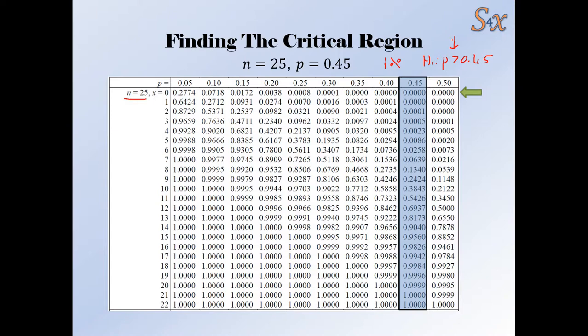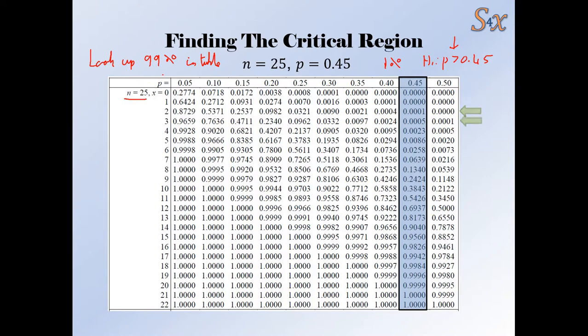What we're going to do is look for the first value that is larger than 1 minus the significance level. So actually, we're going to look up 99%, or 1 minus 1%. Hopefully that makes sense. Because we're going down the table this time, instead of looking for 1%, we're going to look for 99%. If we had a 5% significance level, we'd be looking at 95% in the table.